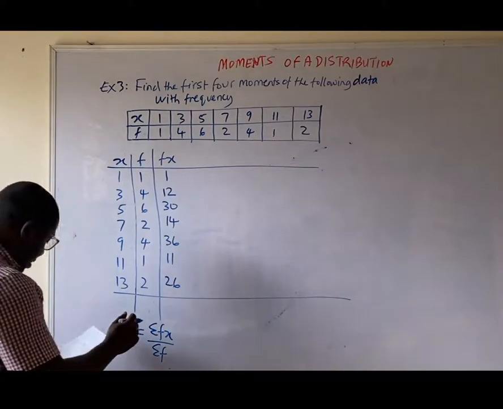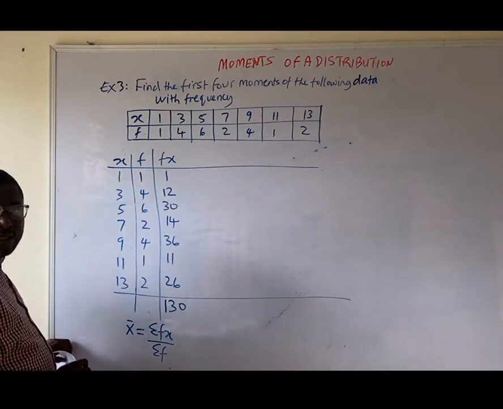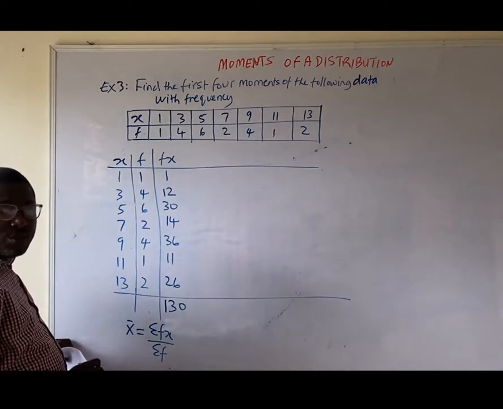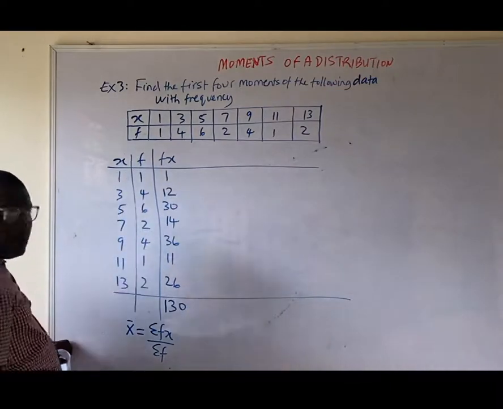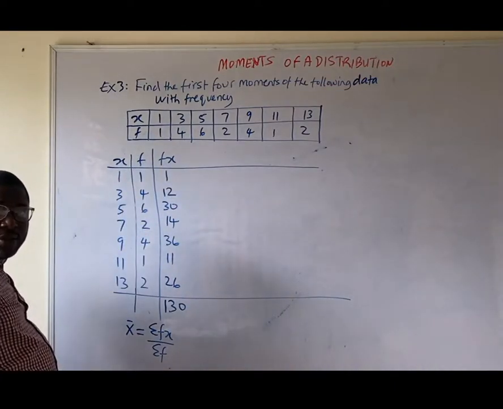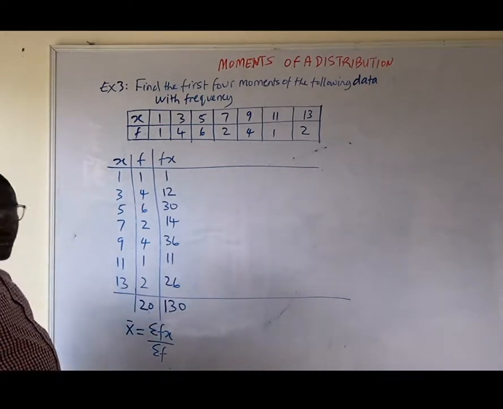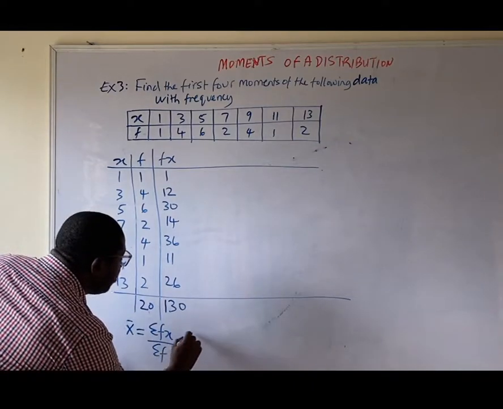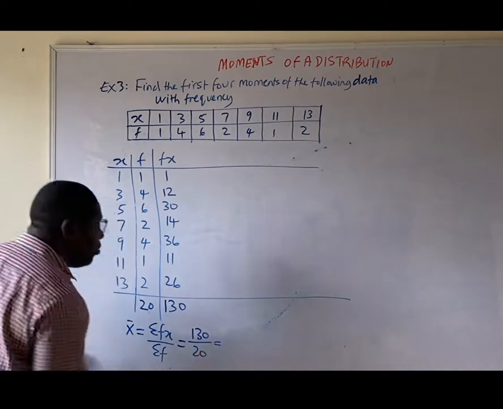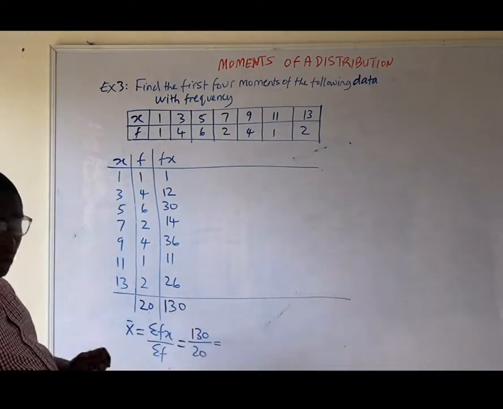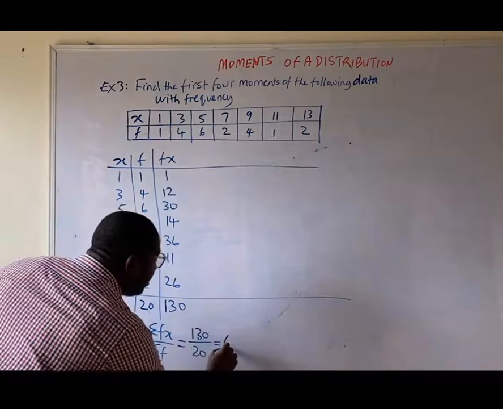What I have here is 130. Have you confirmed that? Now how about the summation of f? Can you add that up? What I have in my notes here is 20. So our mean will be given as 130 divided by 20. What will be our answer? That is 6.5.